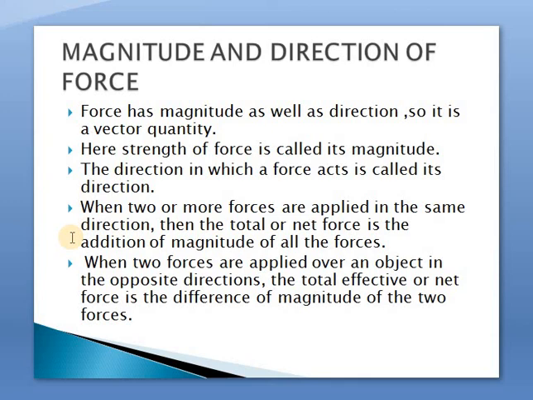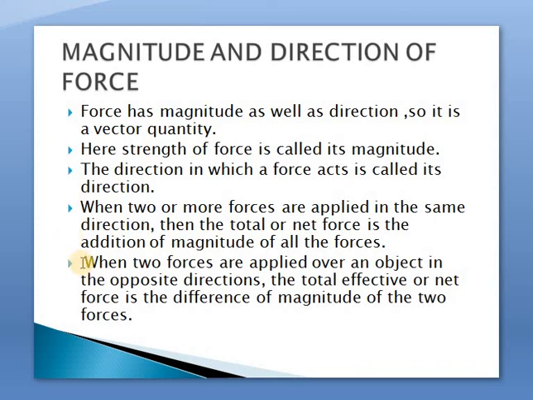If different forces are acting on the same body, then their resultant force will be equal to the addition of magnitudes of all the forces, and the direction will also be the same as the direction of the different forces, because collectively their directions are the same.